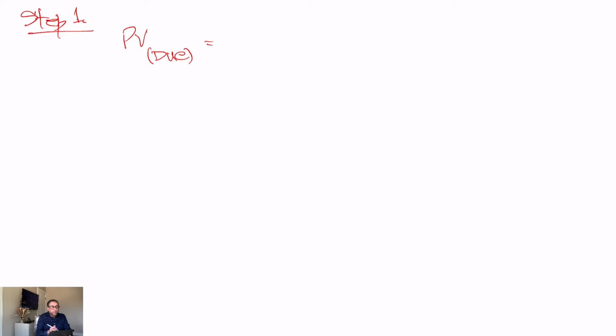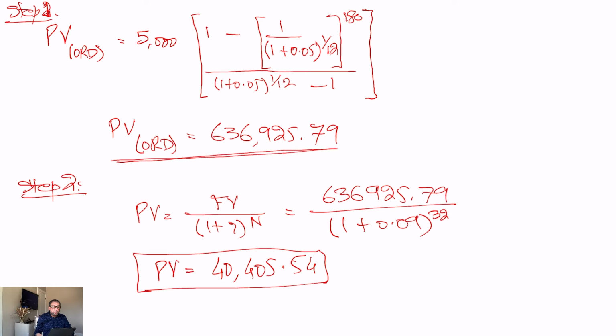So the present value due and present value ordinary, the only difference in the formula is that we multiply by (1 plus i) exponential cy over py. So it is 2,500 and the formula is 1 minus 1 over 1 plus 0.0125 exponential cy over py.